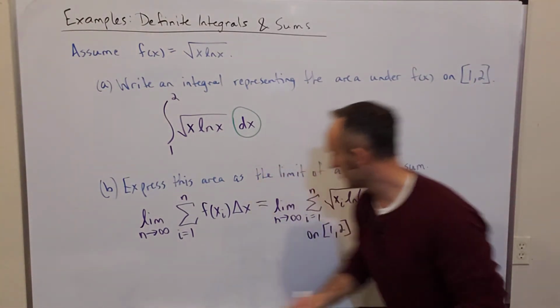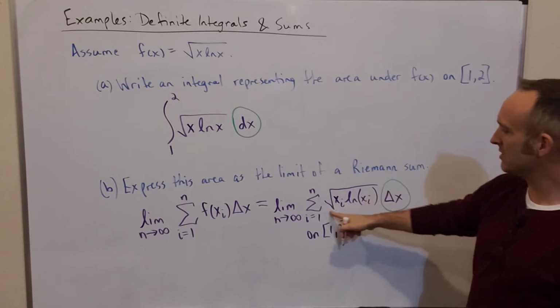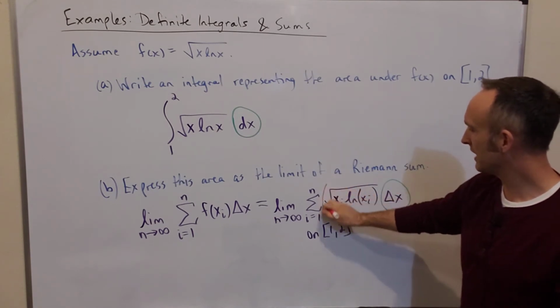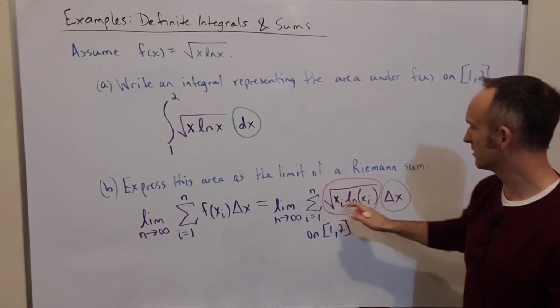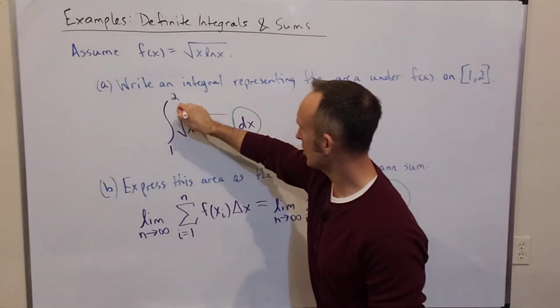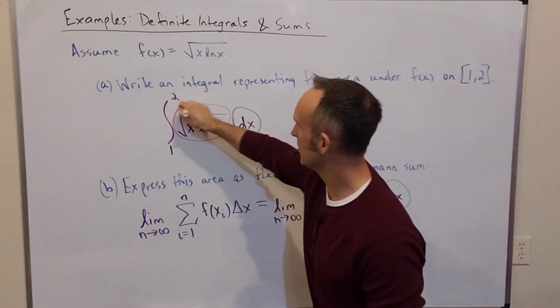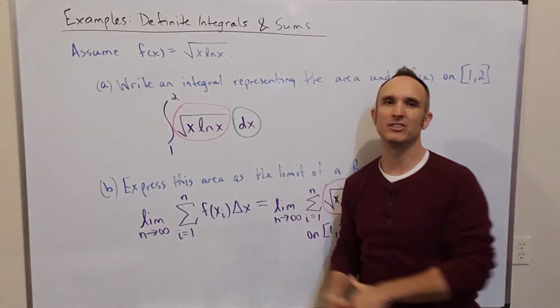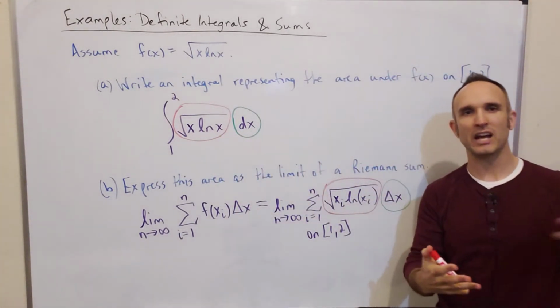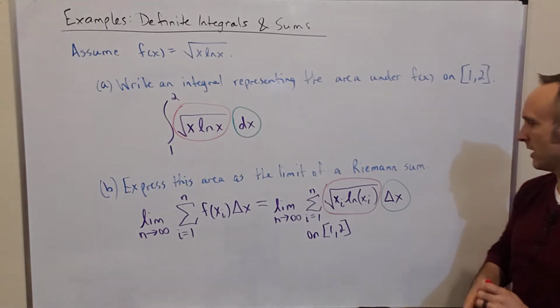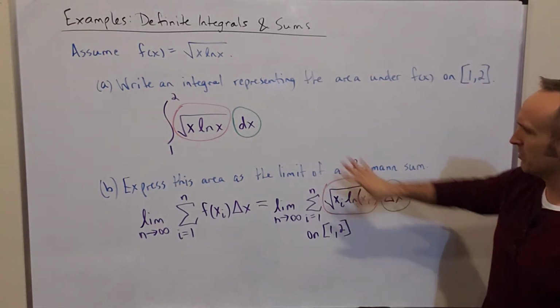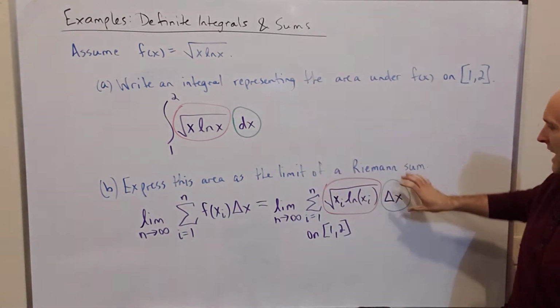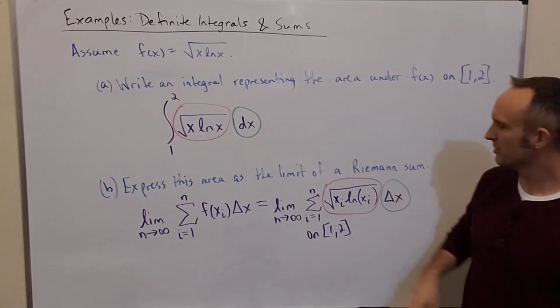The other thing is the height of individual rectangles can be calculated with this function, which corresponds to the integrand up here, where you don't have the x sub i in the integral. You're just saying it's that function. That's how you calculate heights of all the rectangles. So notice the similarities between the integral and the limit of the Riemann sums.